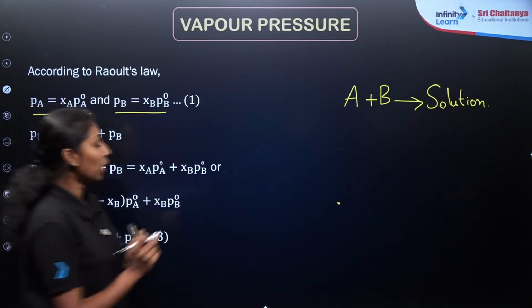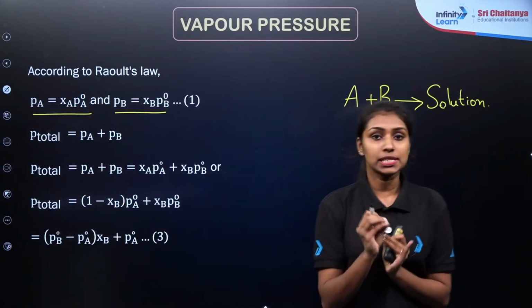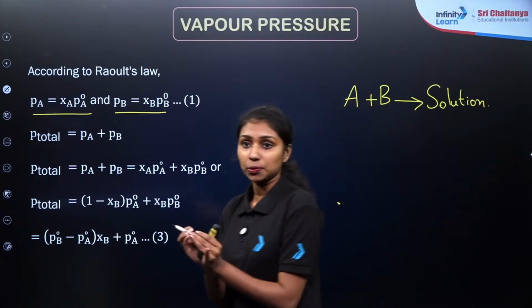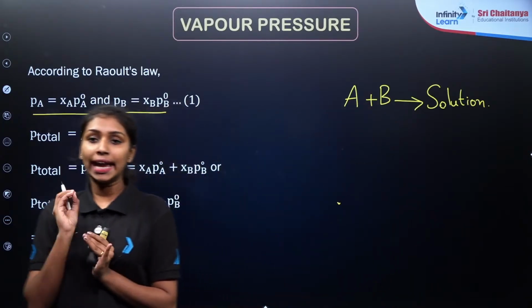Clear? Now, according to Dalton's law of partial pressures, we already know that the total pressure is equal to the sum of partial pressures of the individual components.